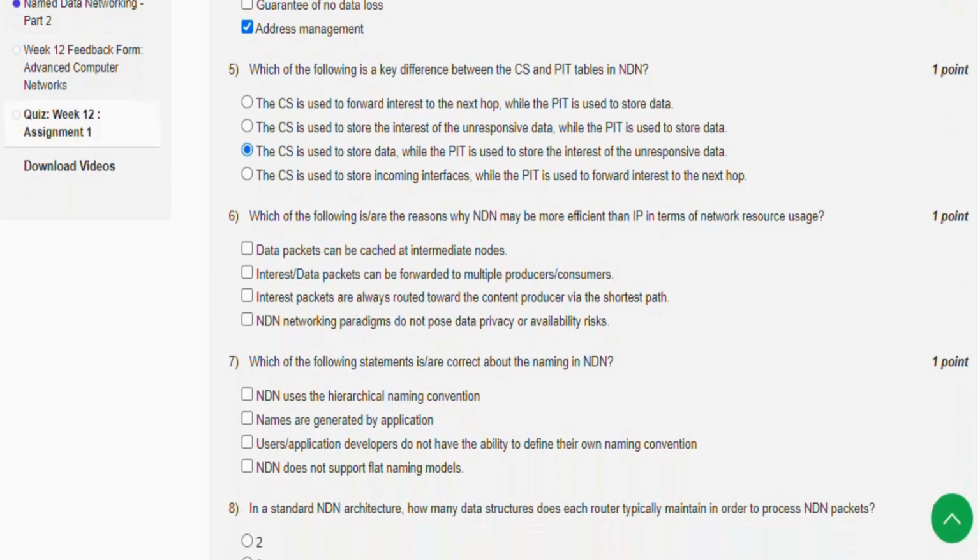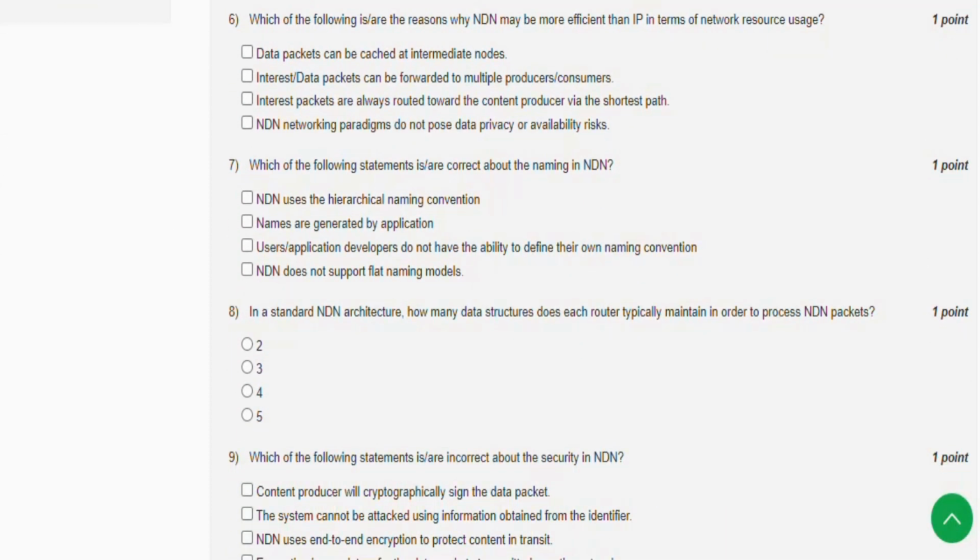Now question number 6. Which of the following are the reasons why NDN may be more efficient than IP in terms of network resource usage?